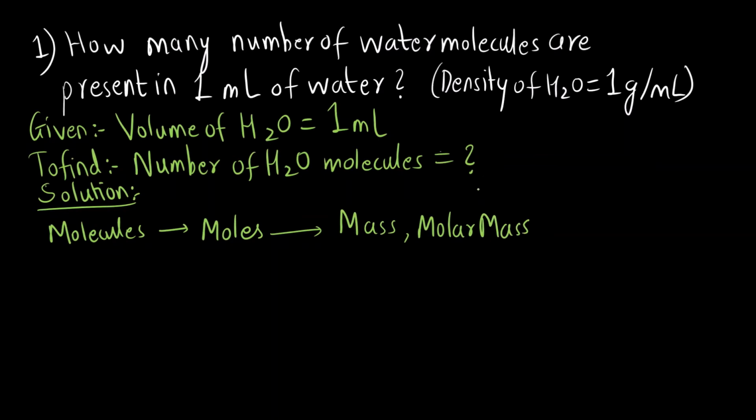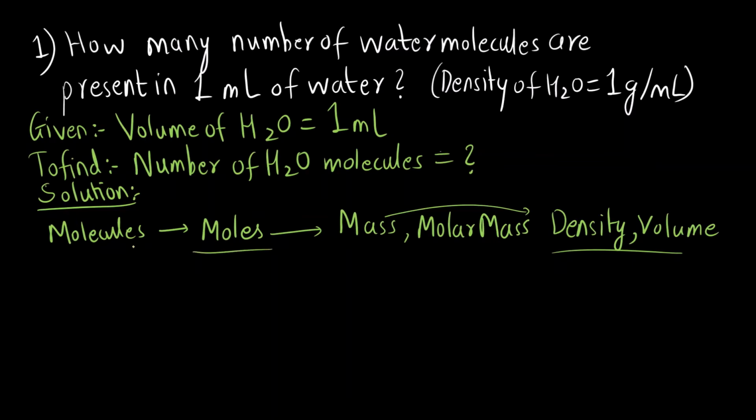Molar mass we can find out, but do we have mass? No. But density and volume are given. Using these two we can find out the mass of water. We can then find out molar mass, accordingly the number of moles, and then finally the number of molecules.